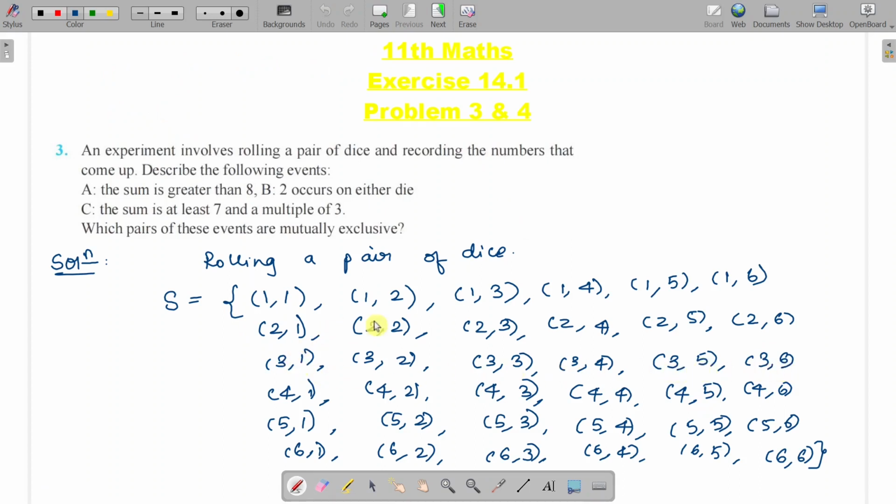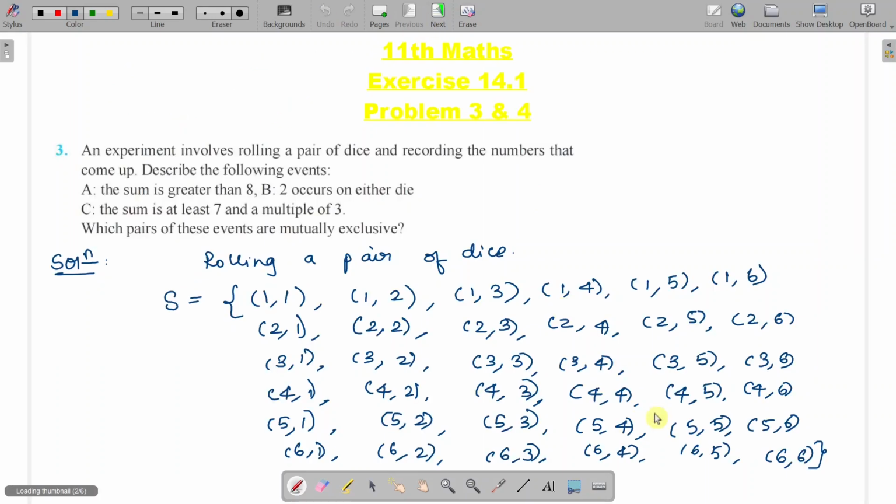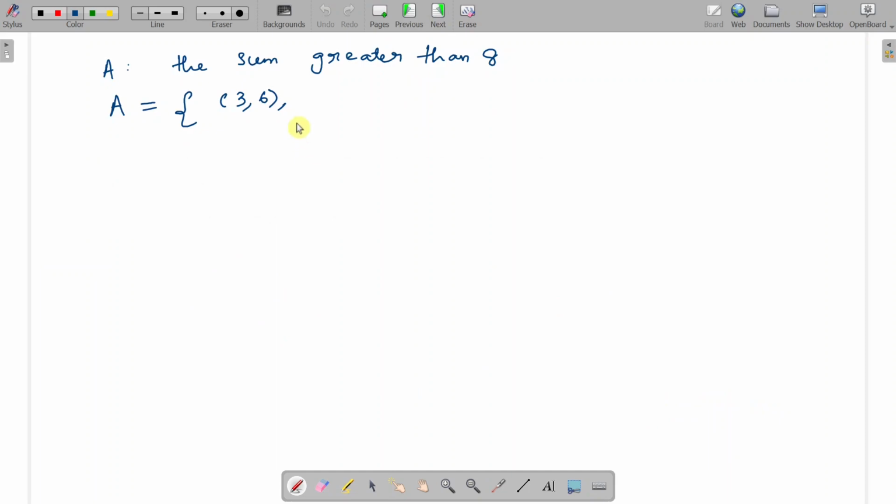All these numbers here will give sum less than 8, so we have to take the sample point 3 comma 6, because the sum is 9, right? So 3 comma 6, then what we will get is 4 comma 5, right? 4 comma 6, 4 comma 5 is 9, so greater than 8. Then 5 comma 4, 5 comma 6 is also greater than 9, which is 10, right?